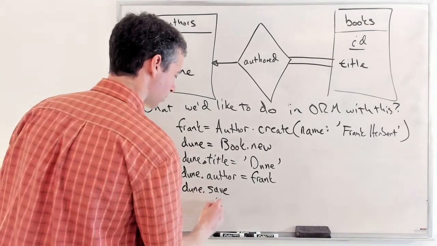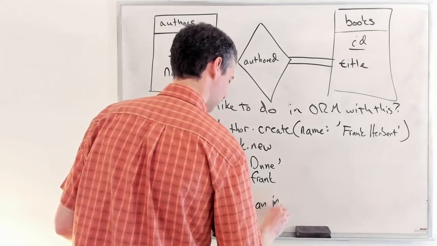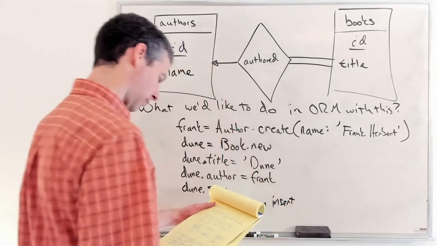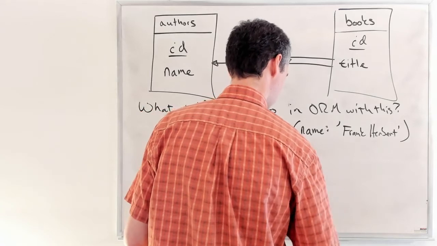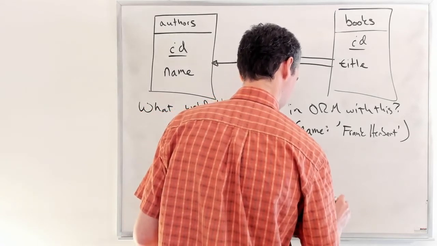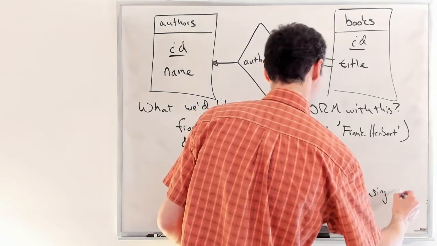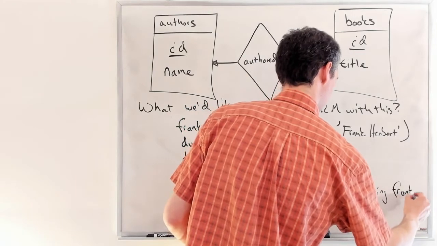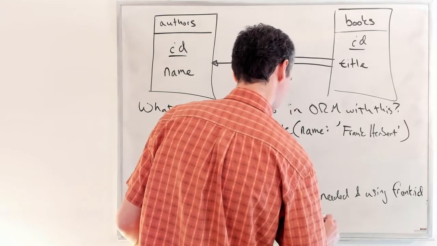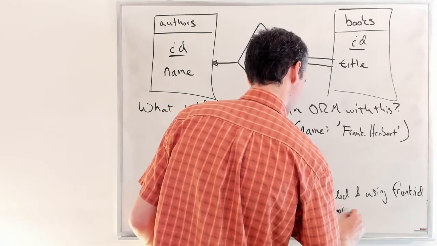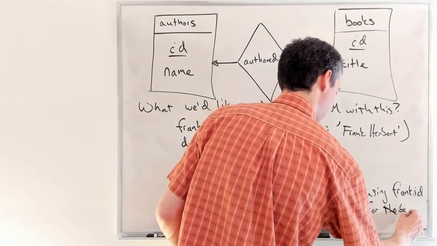And so this then would do for us an insert as needed, and using frank.id as the author ID for the book.